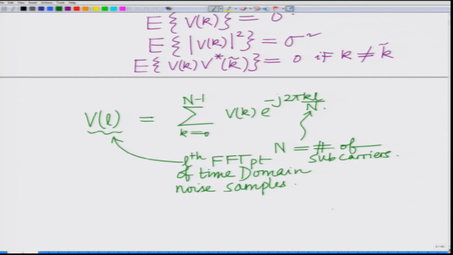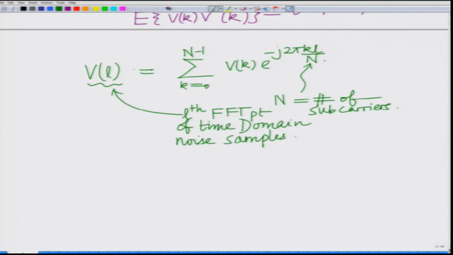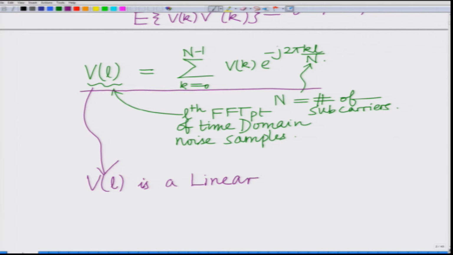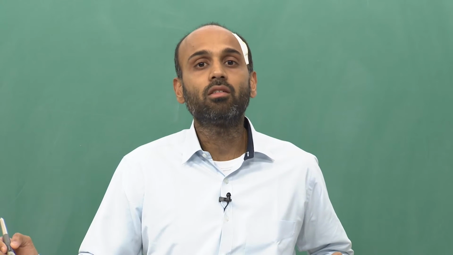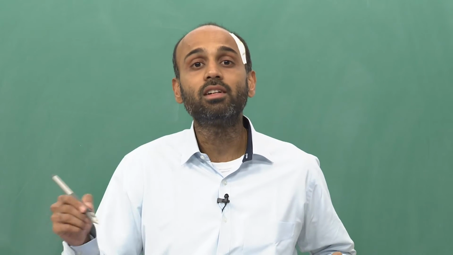Now, first observe that capital VL is a linear combination of the small Vk, which are the time domain noise samples, and since the small Vk's are Gaussian, a linear combination of Gaussian random variables yields a Gaussian random variable.